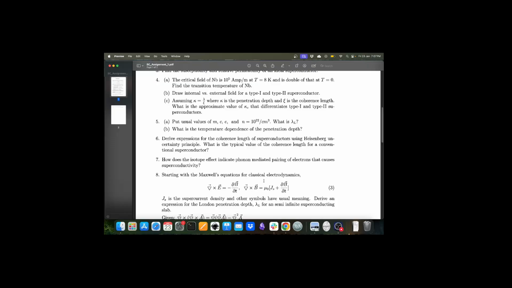Critical field is 10 to the power 5 ampere per meter at temperature equal to 8 Kelvin, and it says that Hc0 is not there. But let me actually write the problem, otherwise you will not understand.